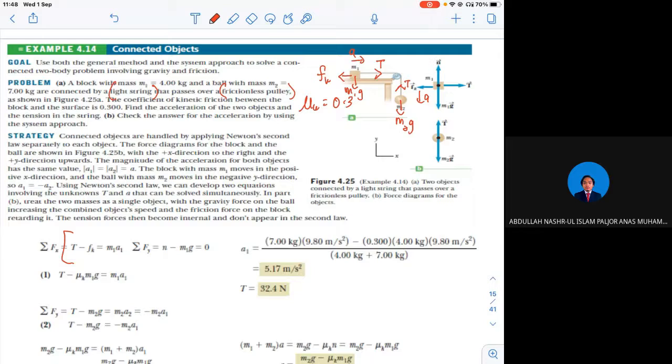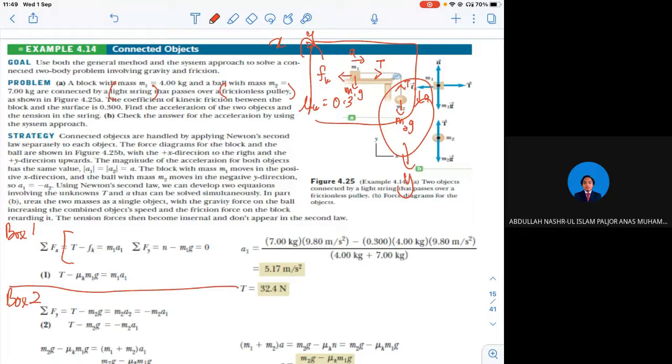So what is Fy on this part? This part has x and y, and this part has just the y axis. So this is for box number 1, and this one is box number 2 separately.